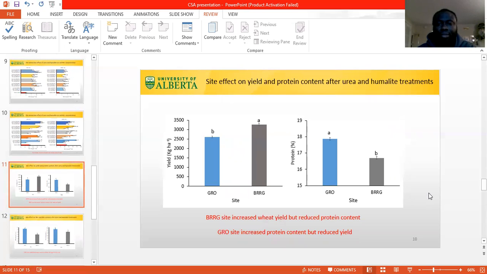When we compare both sites, we saw that BRG had higher yield as compared to GRO, and when we have higher yield, definitely it will correspond with lower protein concentration as it was observed. So with respect to protein content, BRG had lower protein concentration as compared to the GRO.